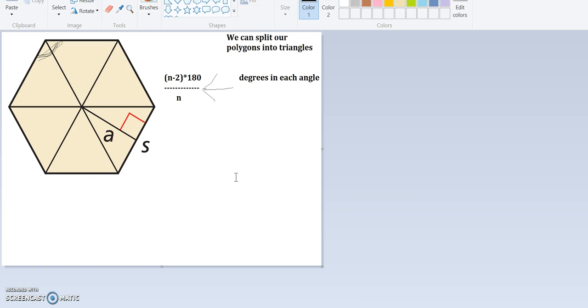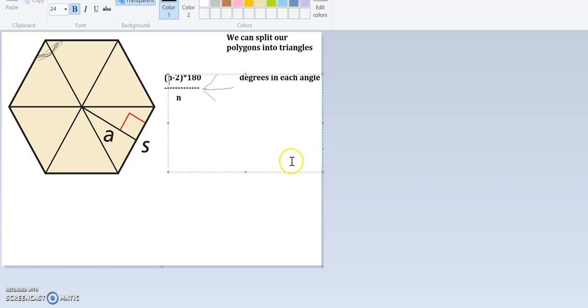So here I can go ahead and count how many angles I have. I have 1, 2, 3, 4, 5, 6. This is a hexagon. So I'm going to do 6 minus 2 times 180, and that's going to get me 720.